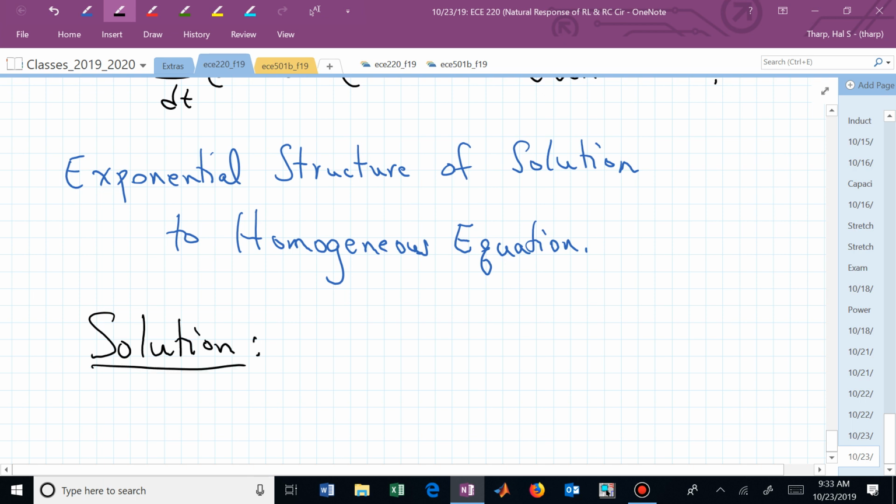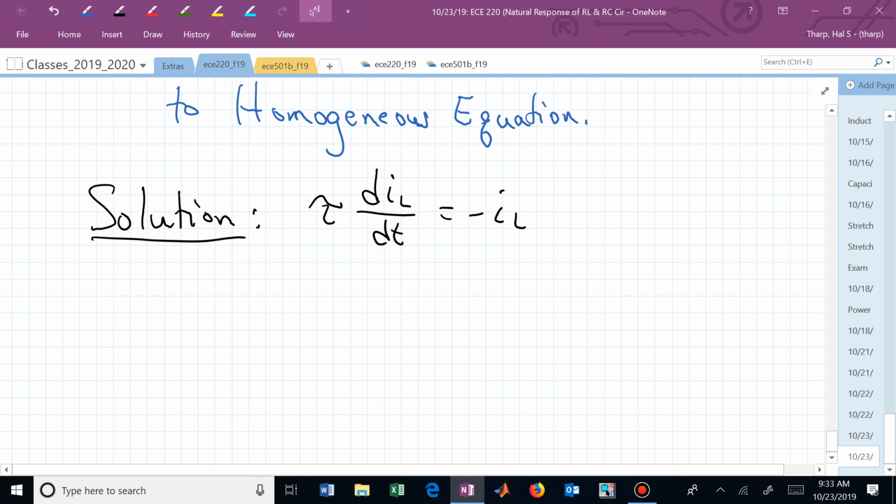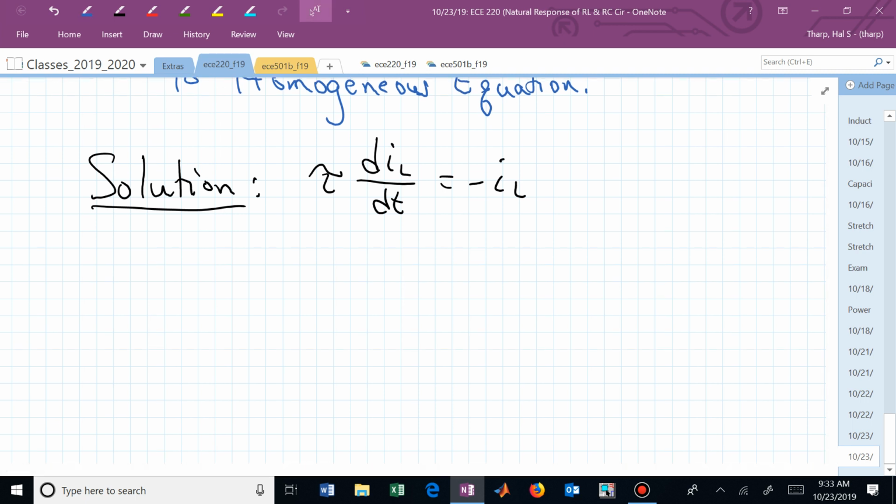of that differential equation, which was tau di sub L dt is equal to minus I sub L. And you can use your favorite strategy. Let's just use separation of variables. Let's separate or rearrange this equation such that we have one variable on one side and another variable on the other.